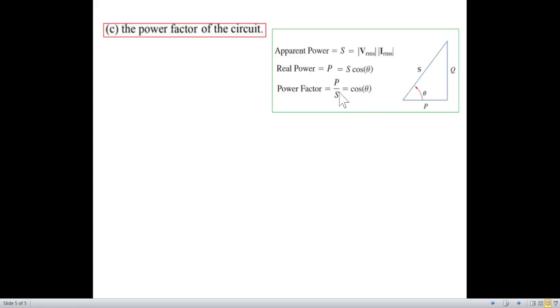So cosine theta is P over S, where P is the real power and S is the apparent power. So using this, we can find cos theta to be P over S, and now POAC we'll be using here because this is related to angle theta, and angle theta is also, we know, the angle between voltage and current, and also it is the impedance angle.